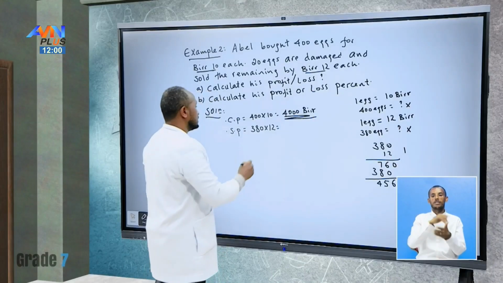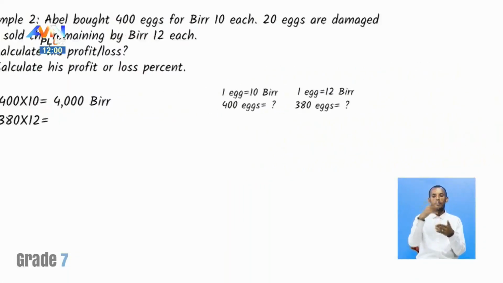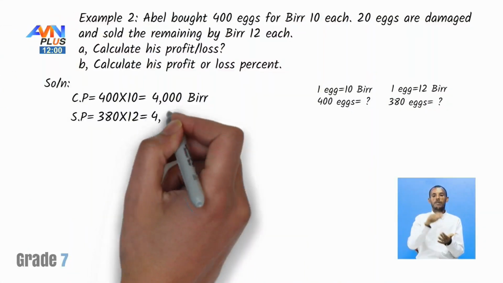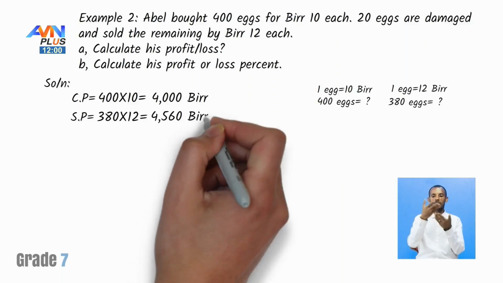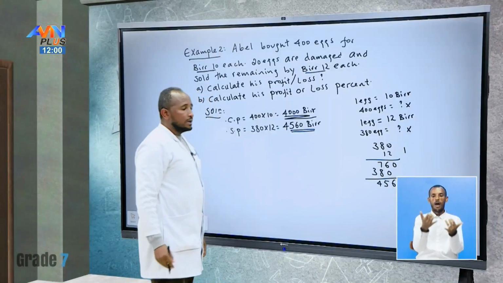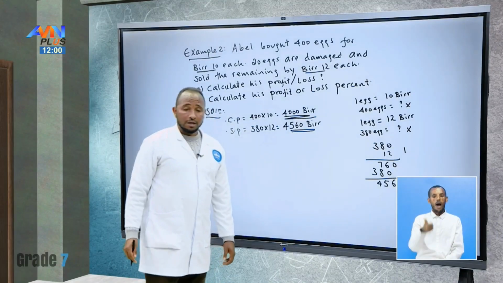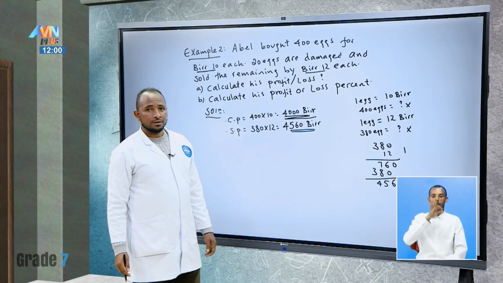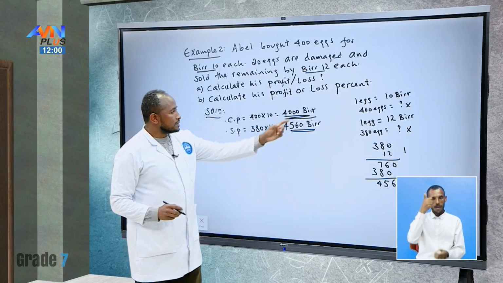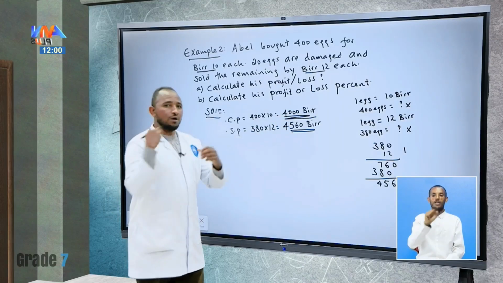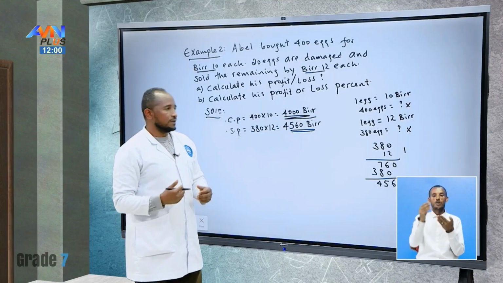Therefore, the selling price is 4,560 birr. Now, does Abel have a loss or a profit? Good. Abel has a profit, as you can see here. He sold for more than the cost. Therefore, he has a profit.